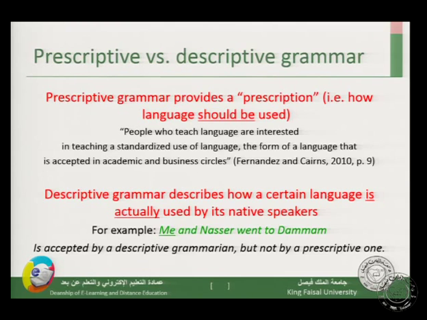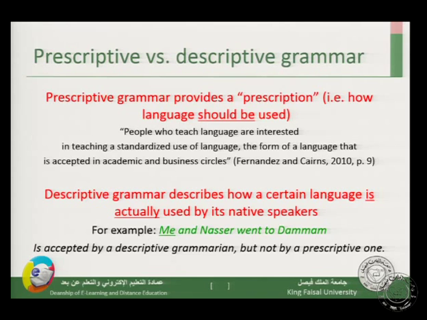But when you watch a movie, you find that the language is used a bit differently to the language you have studied. So descriptive grammar describes how a certain language is actually used by its native speakers.